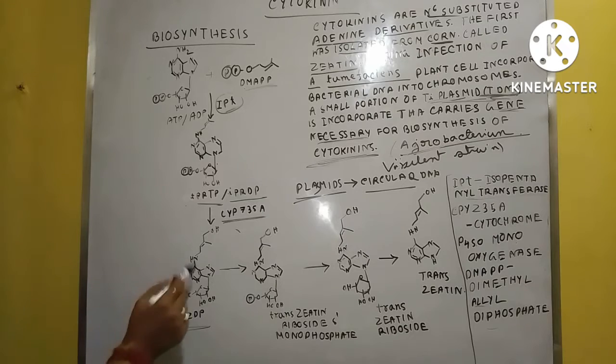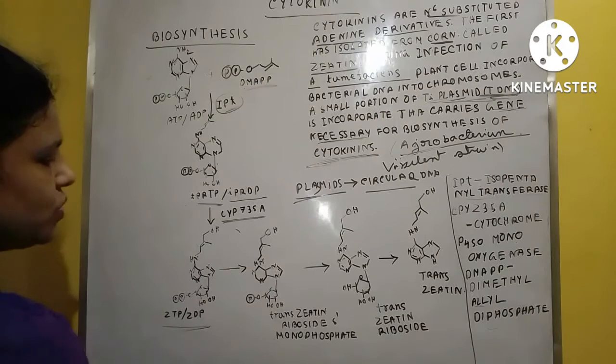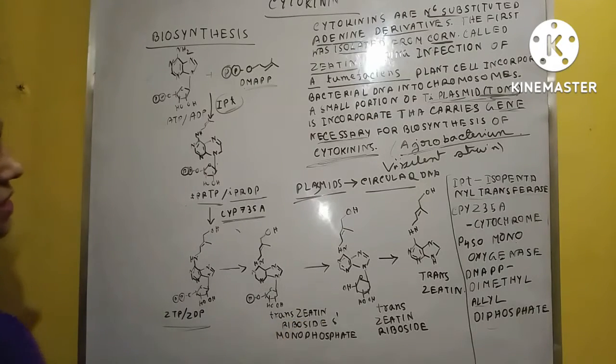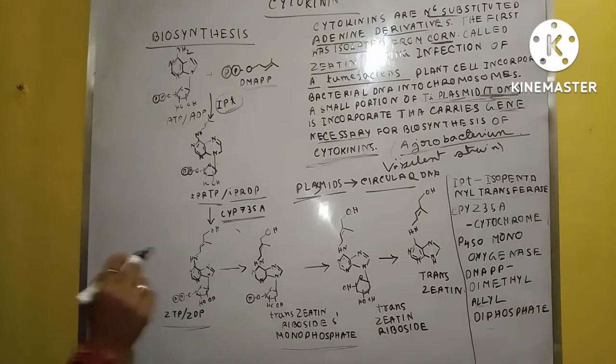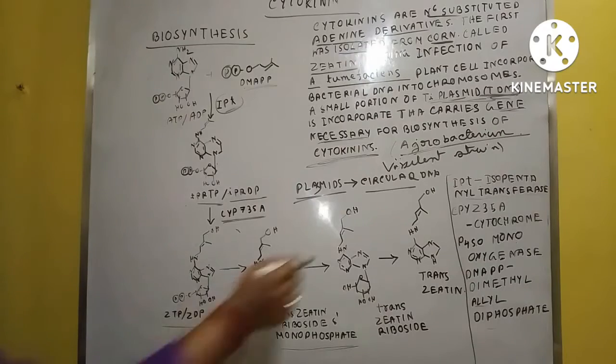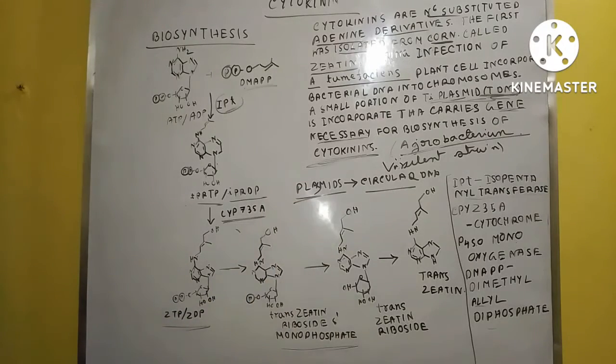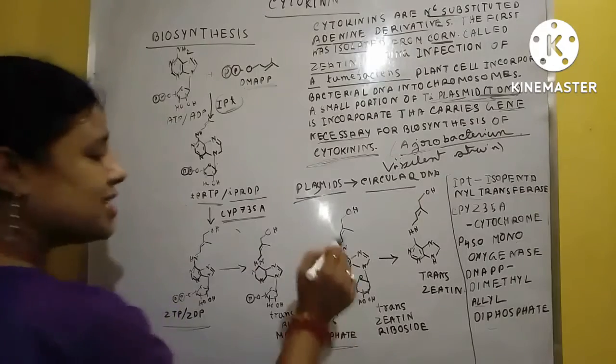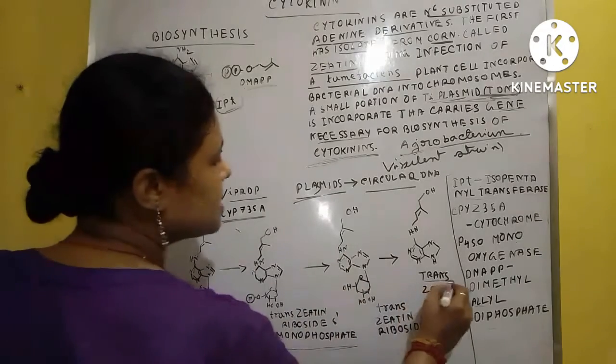So after the formation of the ZTP or the ZDP, that is called the zeatin, it converts into trans-zeatin riboside 5' monophosphate, and this converts into trans-zeatin riboside. Okay, this is the actual structure of this, and this is also not stable. It also converts into trans-zeatin.